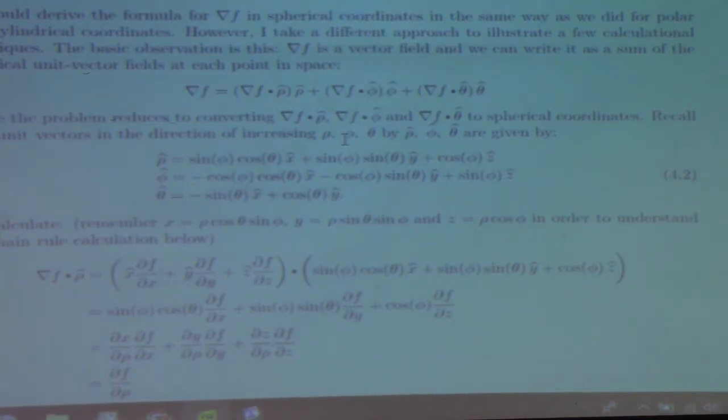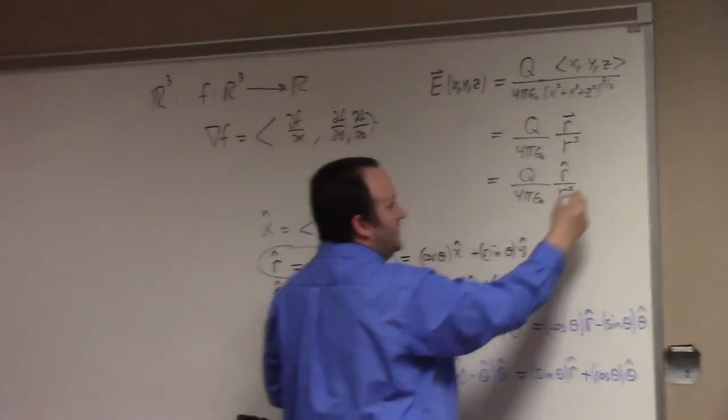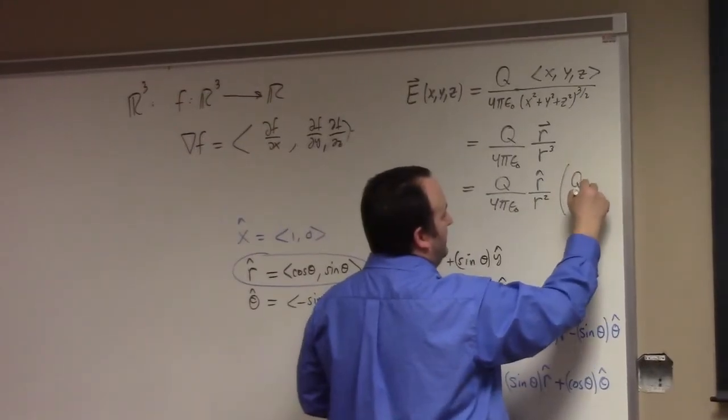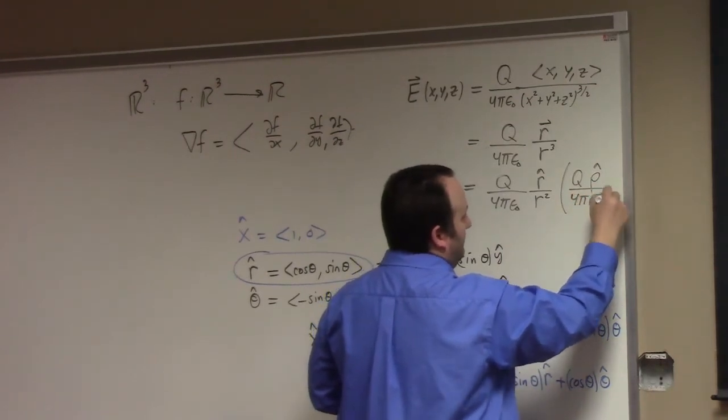Or you could write that as q over 4 pi epsilon naught, the r vector over r cubed, so that's q over 4 pi epsilon naught r hat over r squared. Now in here, we write q rho hat over 4 pi epsilon naught rho squared.